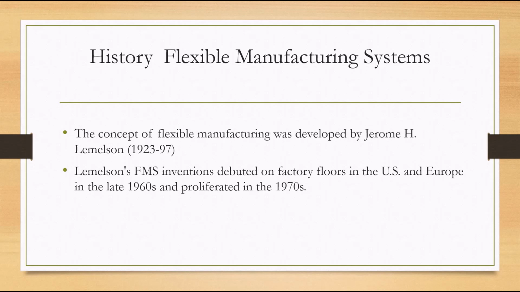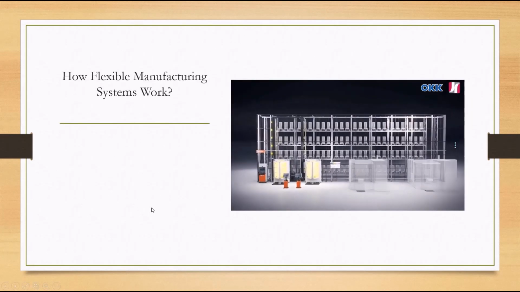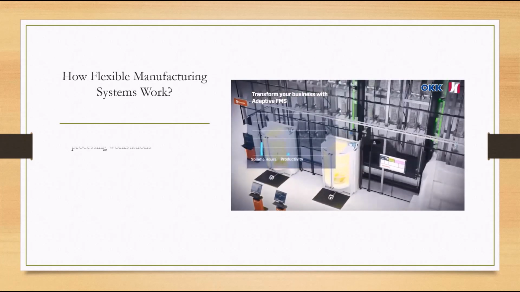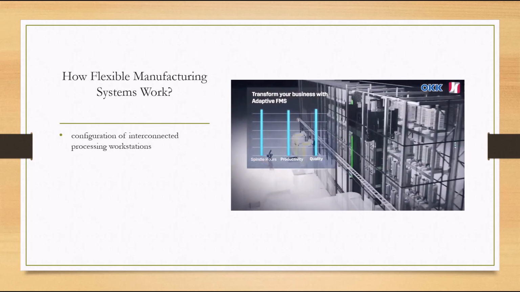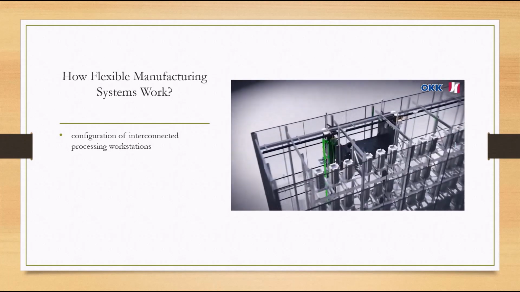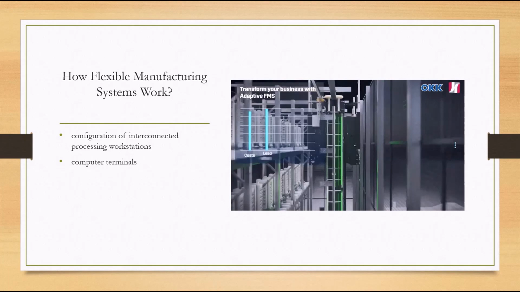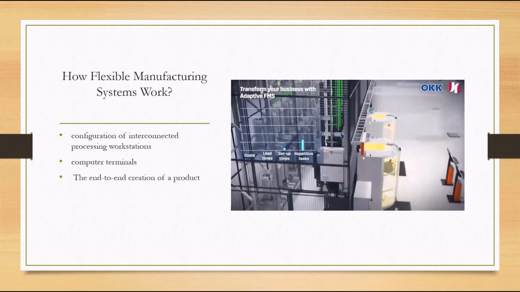The flexible manufacturing system works through a configuration of interconnected processing workstations with computer terminals that process the end-to-end creation of the product, from loading and unloading functions to machining and assembly, to storing, to quality testing and data processing.